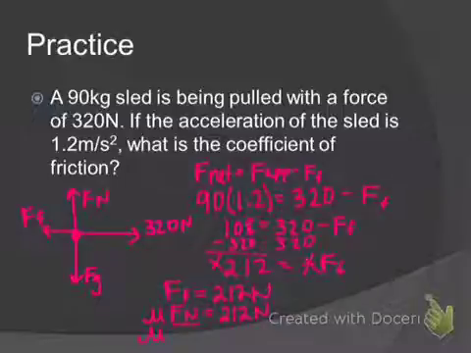Now I need to solve for normal force. Okay, what do we know about the normal force in this case? What's it equal to? It's equal to the gravitational force, and that's because we're not applying any more vertical forces. There's nothing else in that region, right? It's not accelerating in the vertical direction. So we know Fn is equal to the gravitational force, 90 times 9.8.